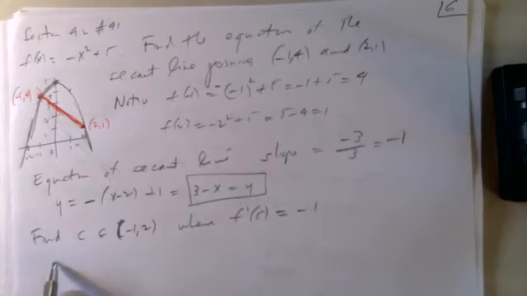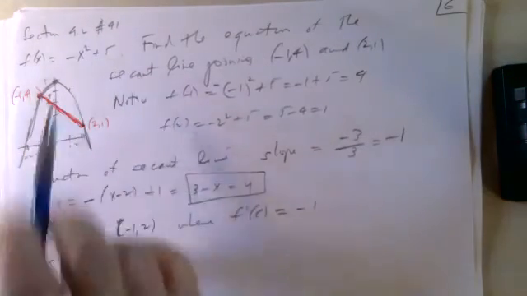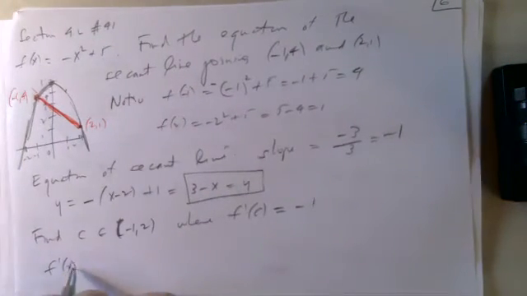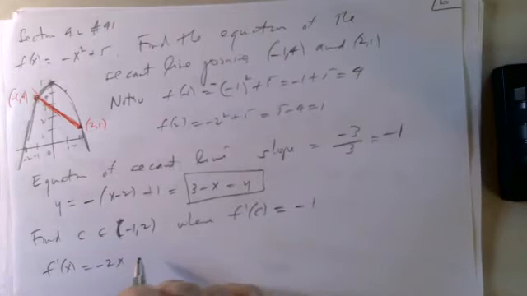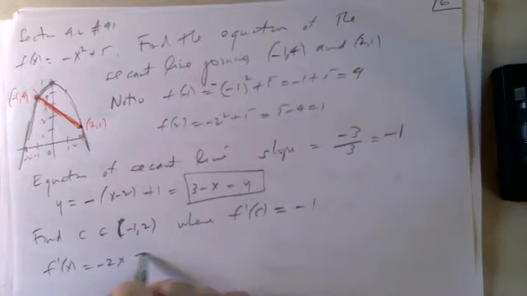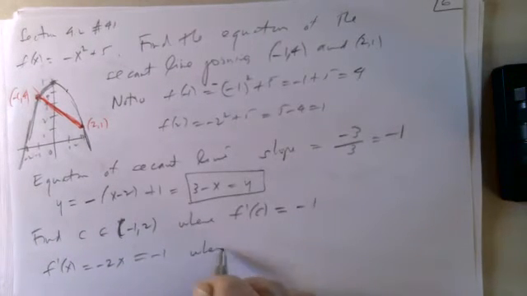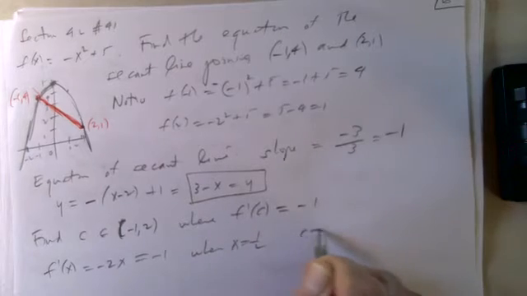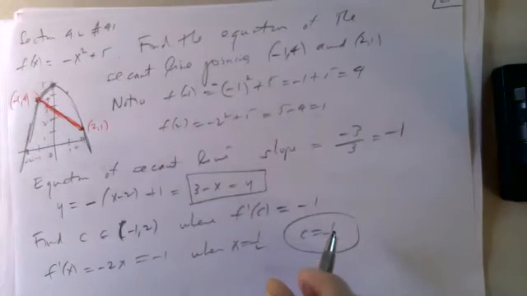So how do we do that? Well, f of x is minus x squared plus 5. f prime of x is minus 2x. And when is minus 2x equal to minus 1? When x is equal to 1/2. So you let C equal 1/2.